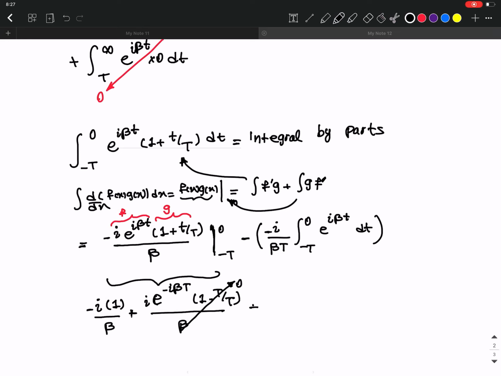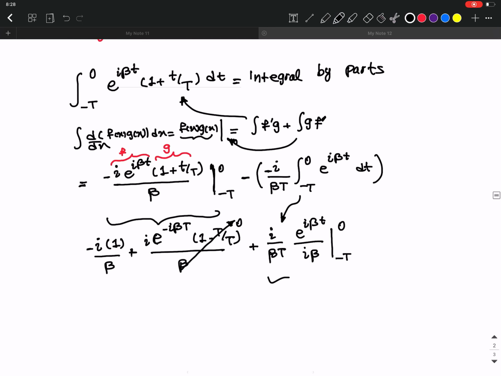And then you have plus i over beta t, the second term here. And then I'm going to take the integral here. So it's going to be e to the i beta t over i beta, right? Evaluated at minus t and 0.